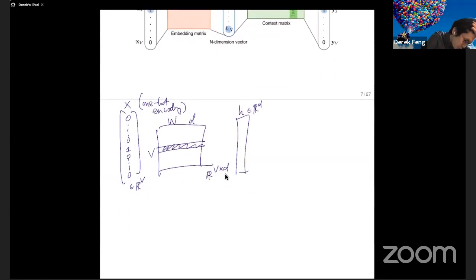So what am I saying here? The first way you should think about this is that you're going to construct a hidden layer.